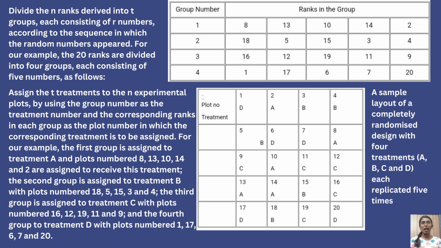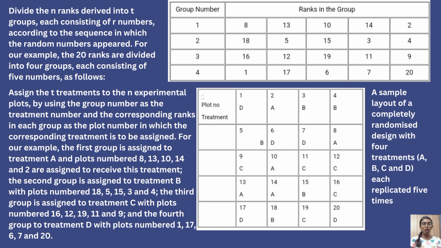Divide the n ranks derived into t groups, each consisting of r numbers, according to the sequence in which the random numbers appeared. For our example, the 20 ranks are divided into 4 groups, each consisting of 5 numbers.